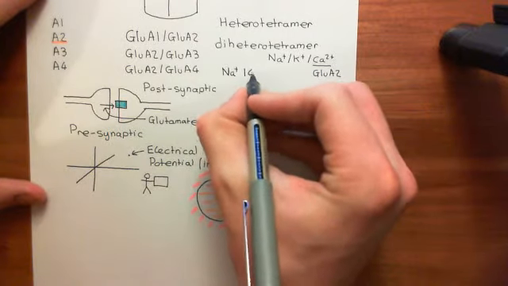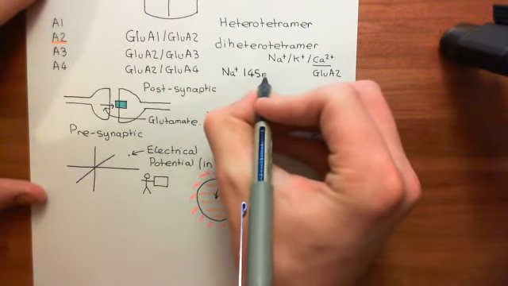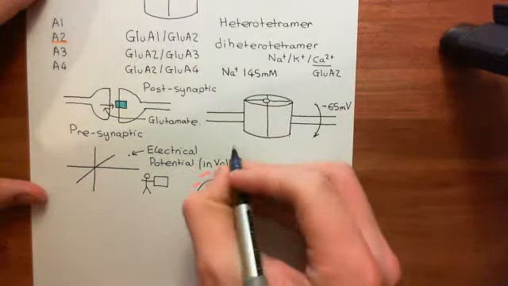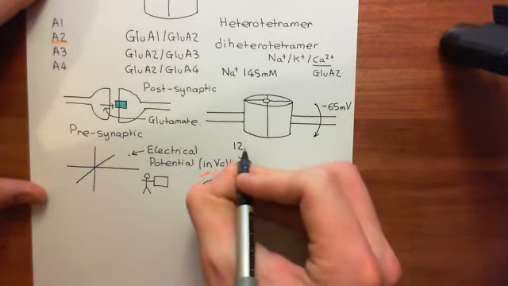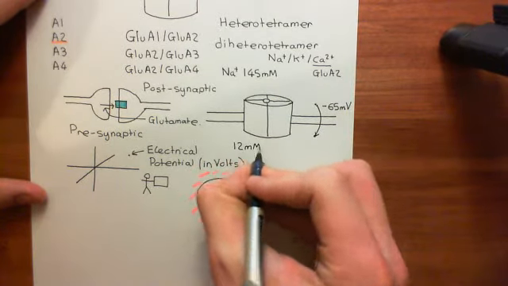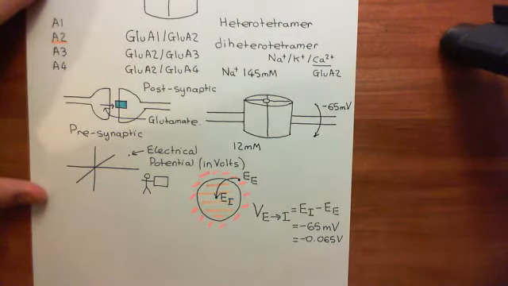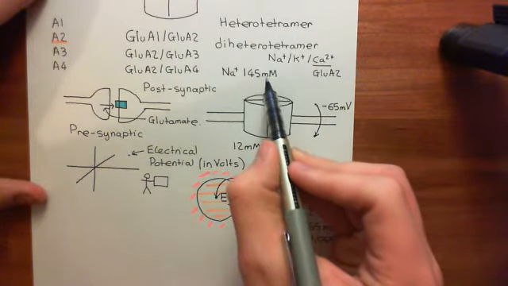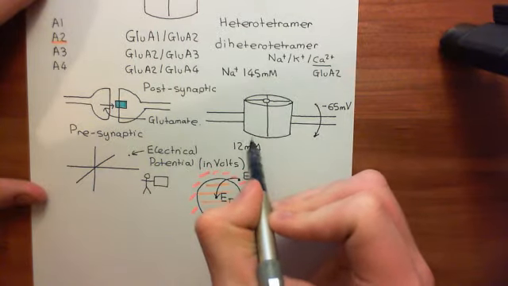Well, the concentration of sodium extracellularly is around 145 millimolar, whilst the concentration of sodium intracellularly is around 12 millimolar. That means there is a 12-fold gradient in sodium across the cell membrane. The concentration of sodium extracellularly is 12 times higher than intracellularly.